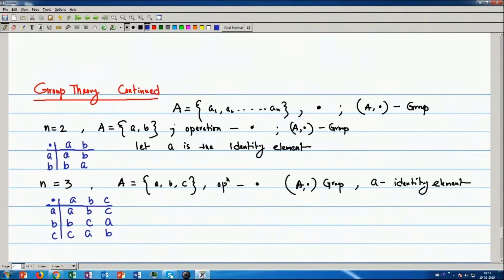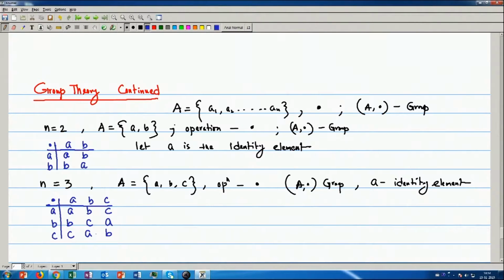So, with only 3 elements, no 2 elements in a row or column are equal. So, it holds the properties we have read.